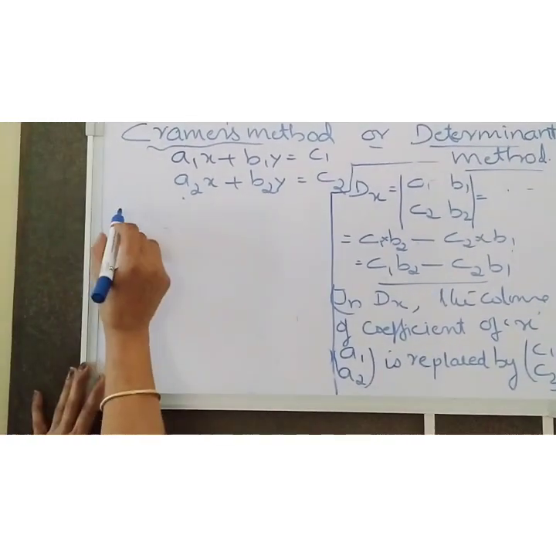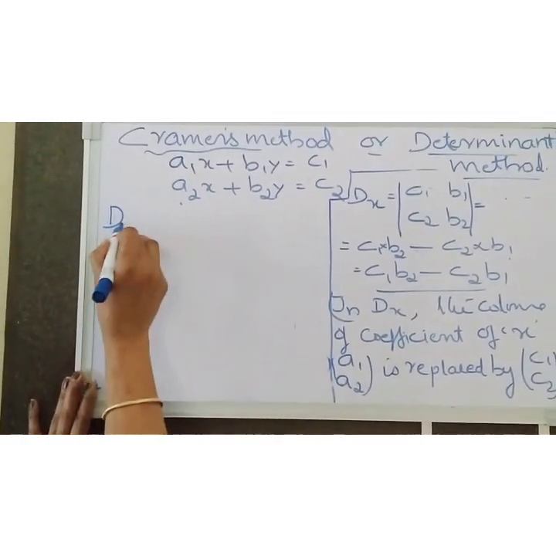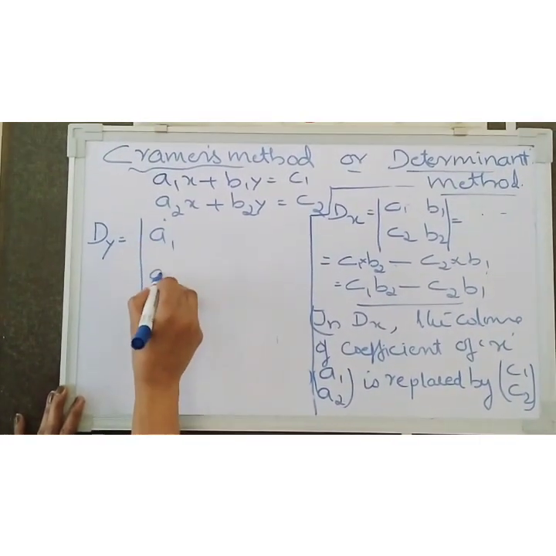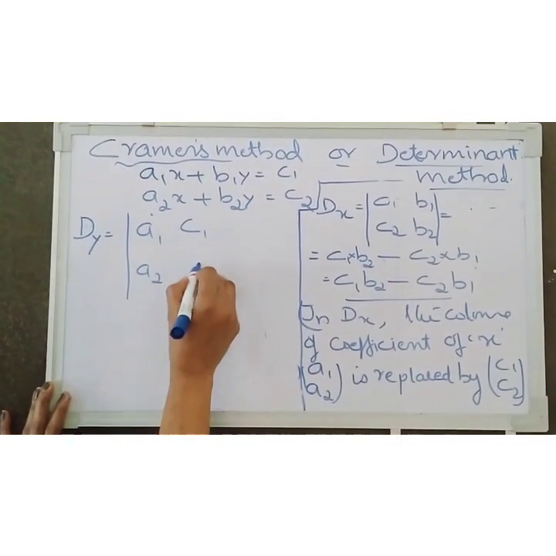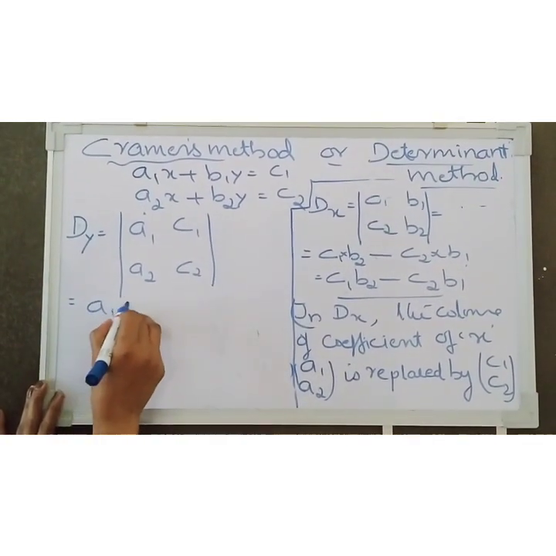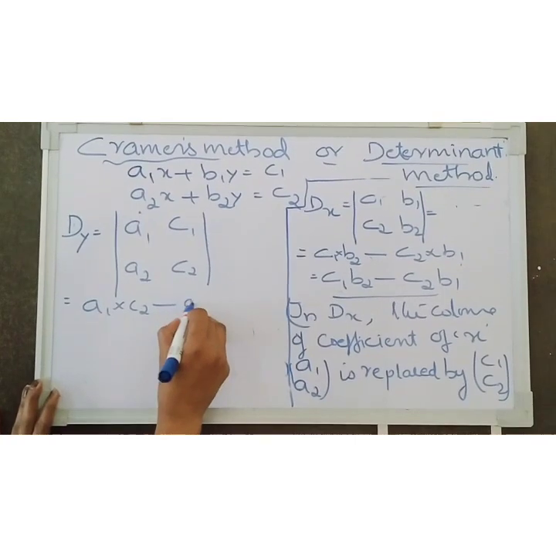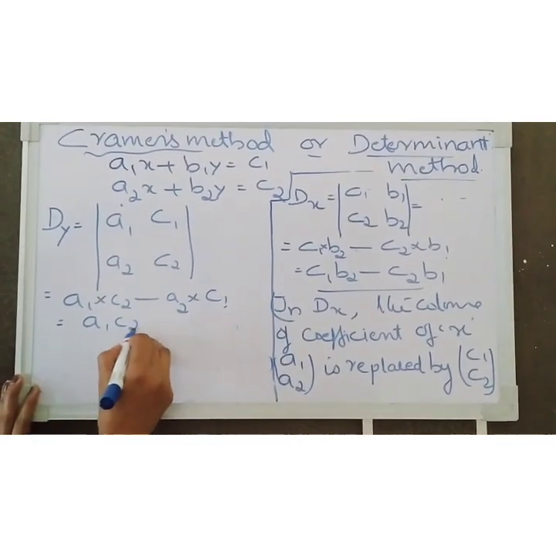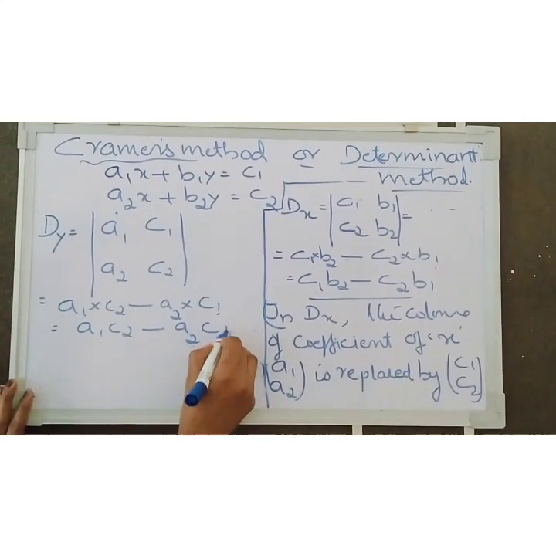And dy is equal to the determinant of a1 a2 and c1 c2. That is a1 into c2 minus a2 into c1, that is a1 c2 minus a2 c1.